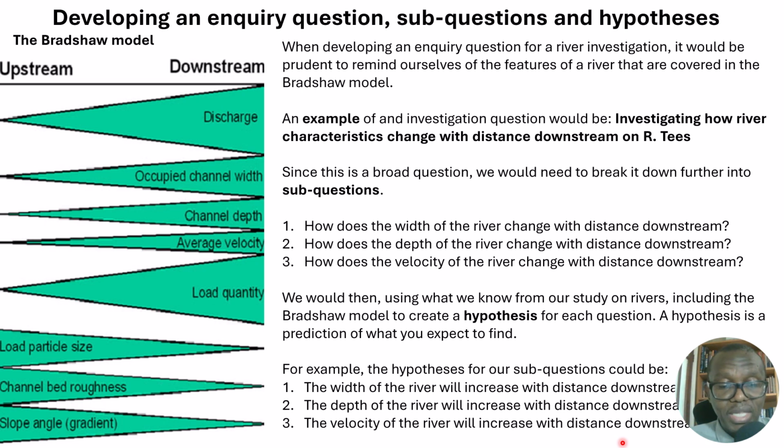So we are expecting that that river width is going to increase. And then for the second sub-question, the depth of the river will increase and the velocity of the river will increase with distance downstream. So those are three hypotheses that we've come up with based on our sub-questions that we have created to support our main inquiry question.